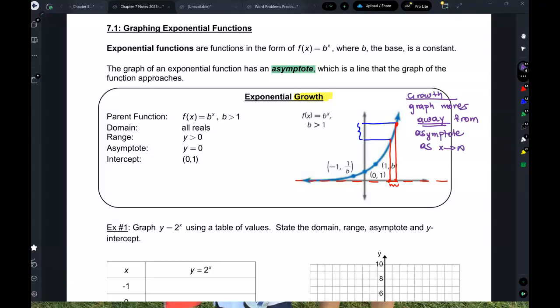As you go further and further to the right, the graph moves away from the asymptote. It can move up away or it could move down away. That's how you know from the graph.